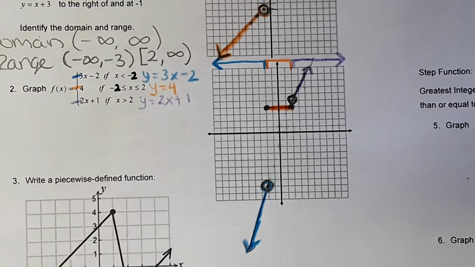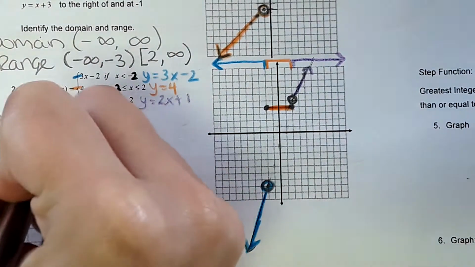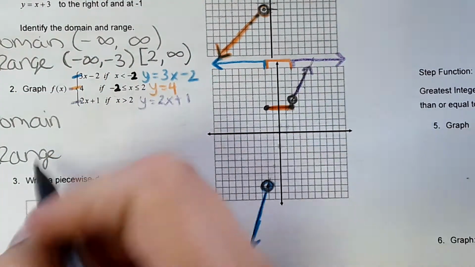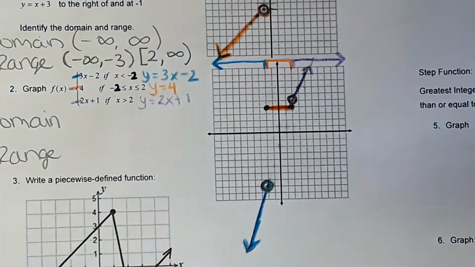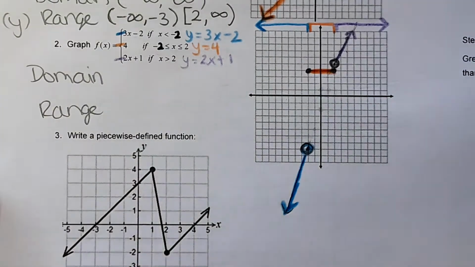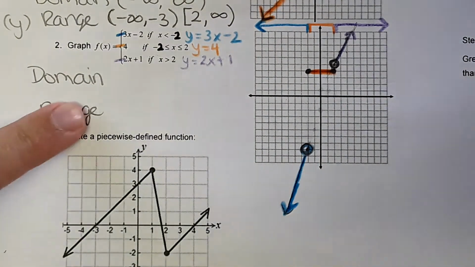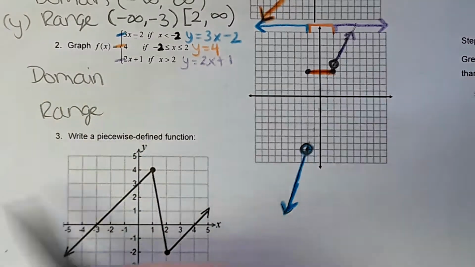And then next is domain and range. Domain is your x values from left to right, and then range is the up and down. Okay, so domain is our x's. This goes on and on in this direction.